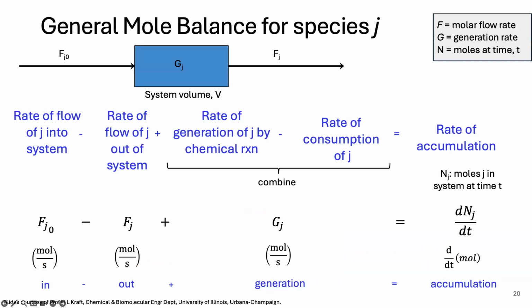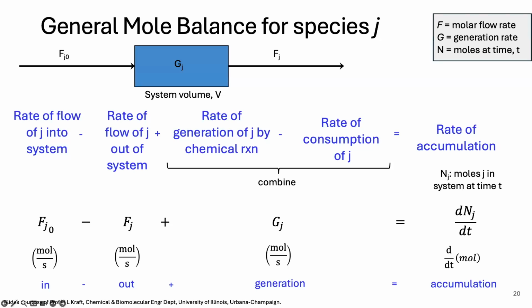To put that into context for a chemical reaction process, where we have a system with a volume V, where we may have, for example, our reactants flowing in, being reacted in the volume, and then leftover reactants flowing out, we could write a general mole balance for some species j.